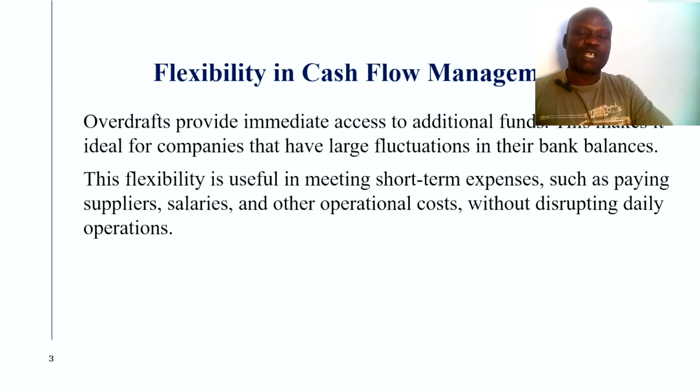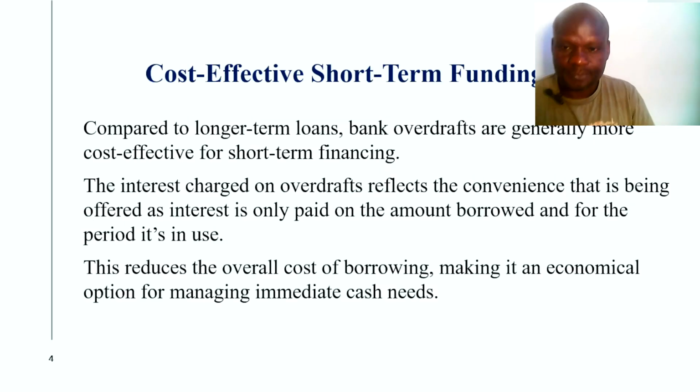Now, it may not be coming in daily, but it comes in a pattern, maybe in a predictable way. But then one should bear in mind that there are some daily operations that must be taken care of so that the company is not seen not to be in business.